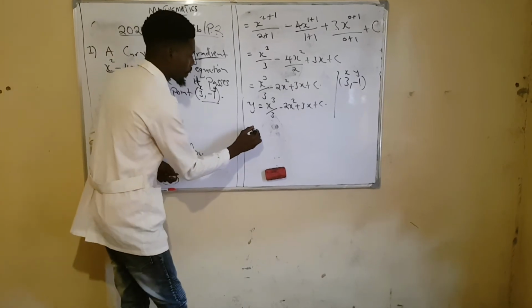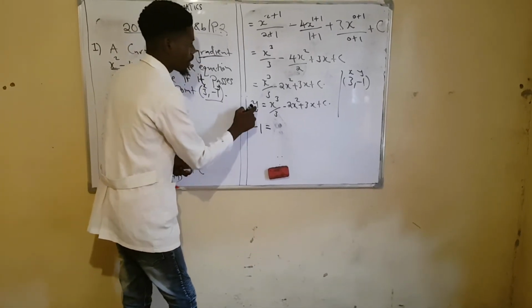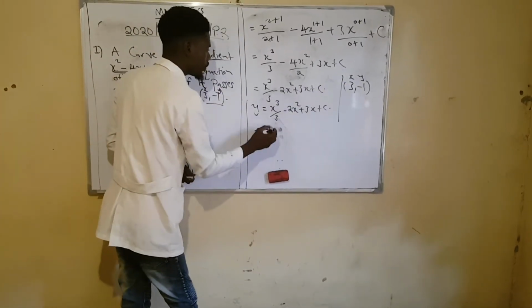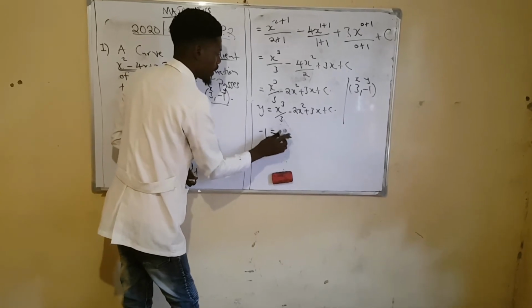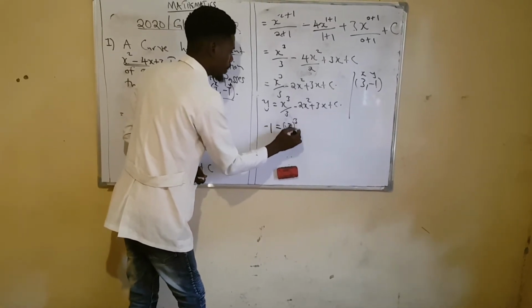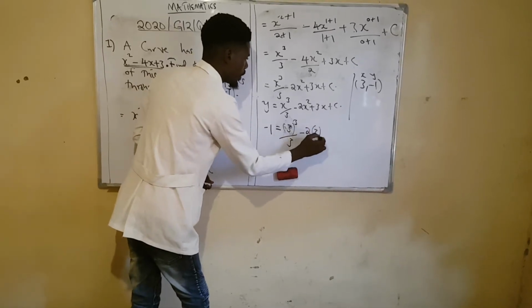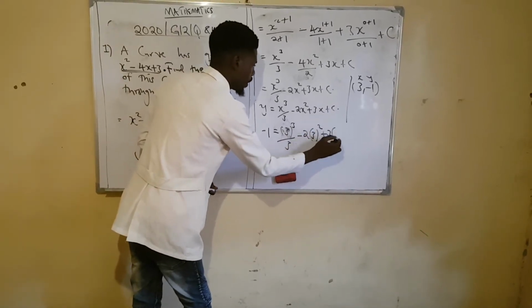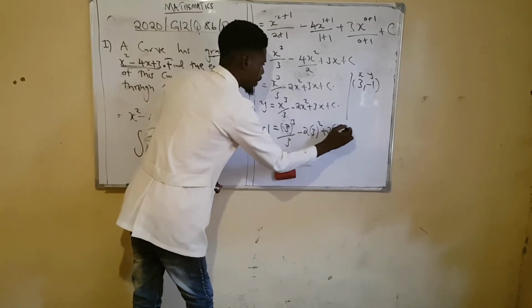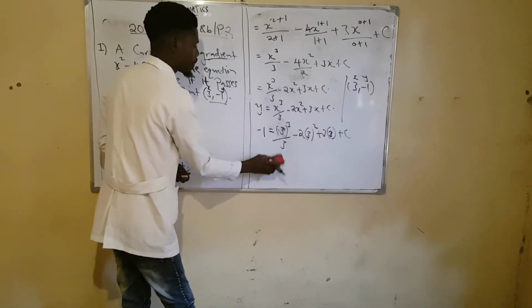Therefore, we'll say -1 is equal to, we have replaced. Then where there's x is 3 to the power 3 over 3 minus 2, then 3 to the power 2 plus 3, then 3 again plus c. We are looking for the value of c.